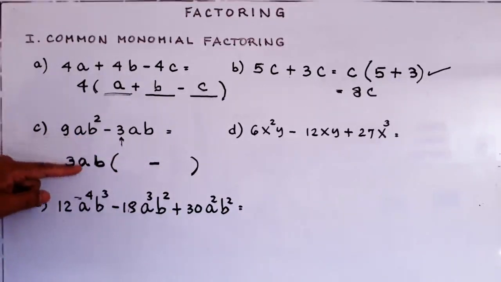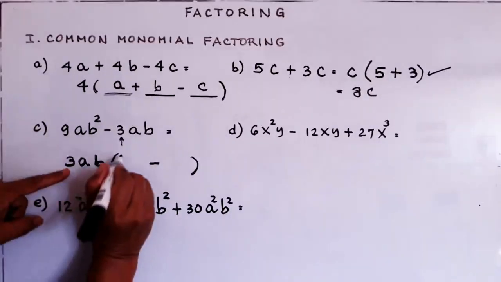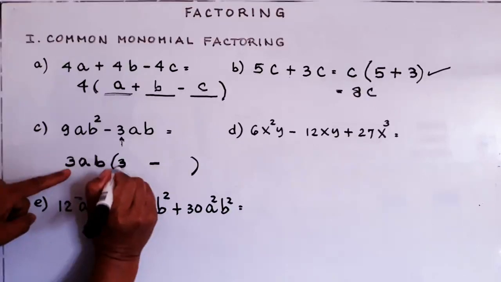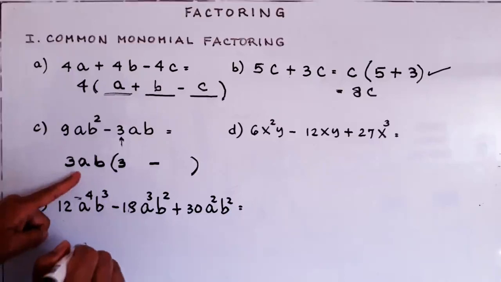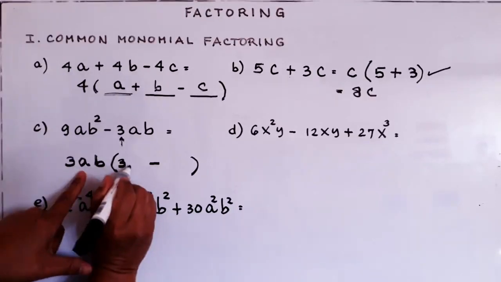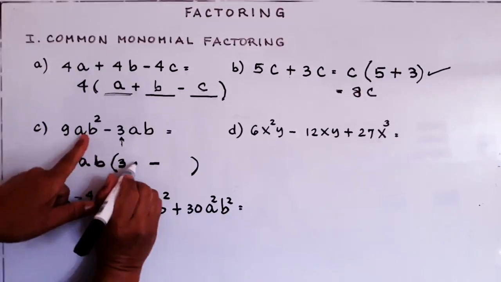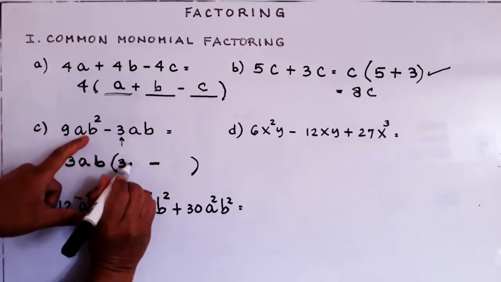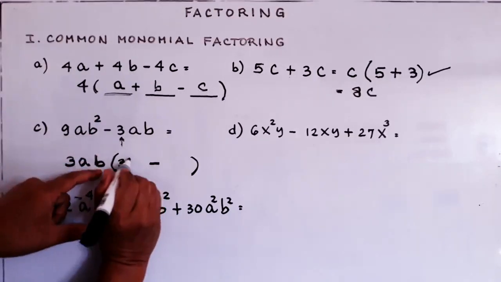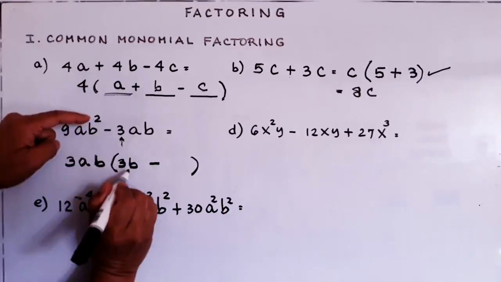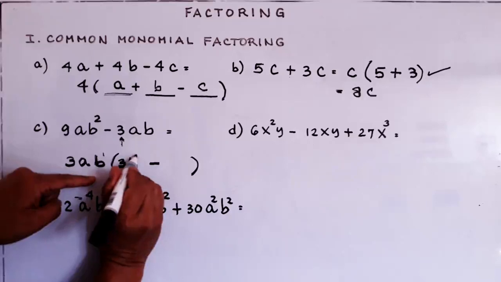Then we divide this by this. So you start with the number: 9 divided by 3 is 3. A divided by A cancels, so we don't write the A anymore because it will become 1. What about the B? When we divide, we subtract the exponent: B squared divided by B, 2 minus 1 is 1.